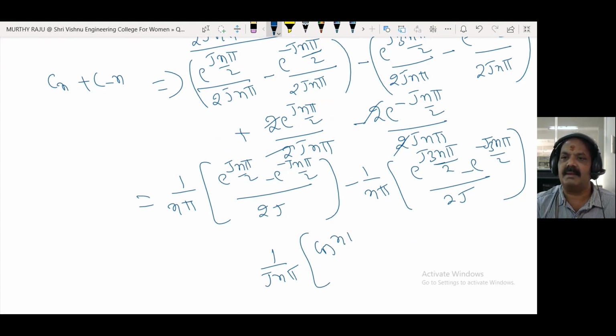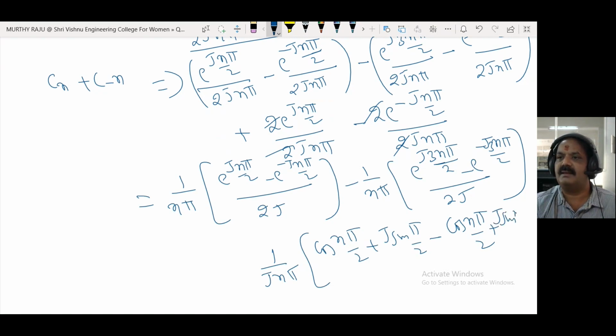is cos n pi by 2 plus j sin n pi by 2. Here minus j n pi is coming, e power minus j n pi by 2 is cos n pi by 2 minus j sin n pi by 2, minus into minus plus j sin n pi by 2.